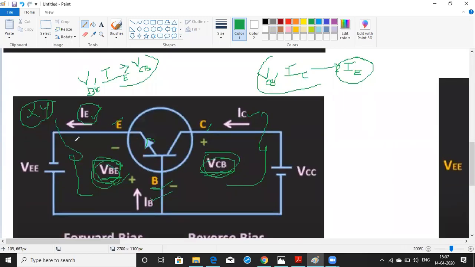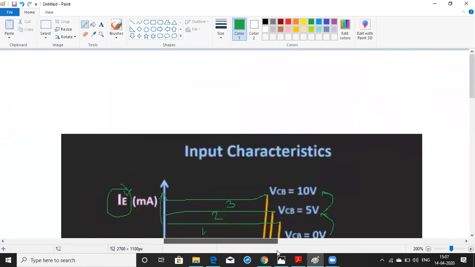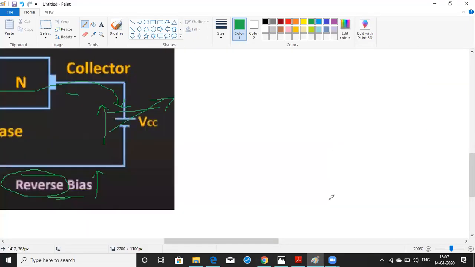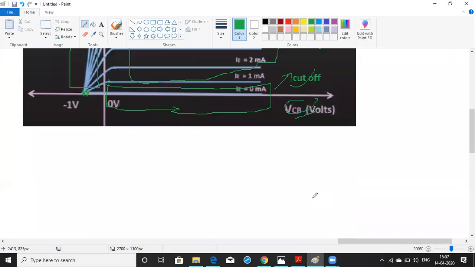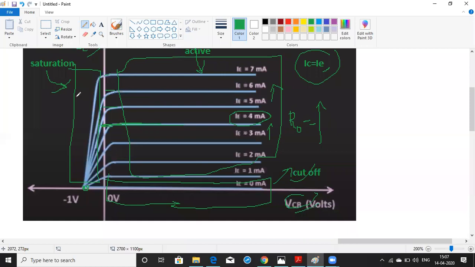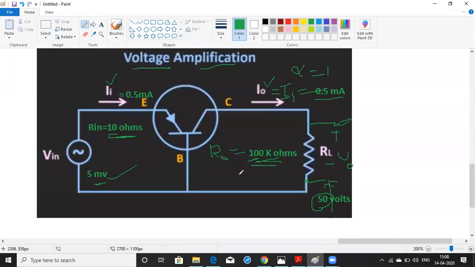We discussed the input characteristics with respect to change in VCB, and the output characteristics for three different regions: active region, cutoff region, and saturation region. We also discussed how to do the voltage amplification, increasing the voltage from 5 millivolts to 50 volts using an NPN transistor, or BJT.